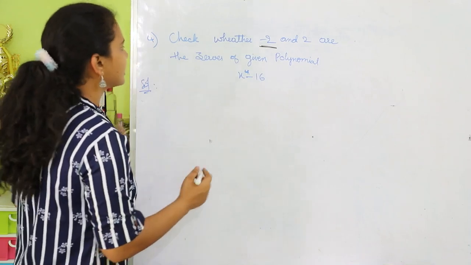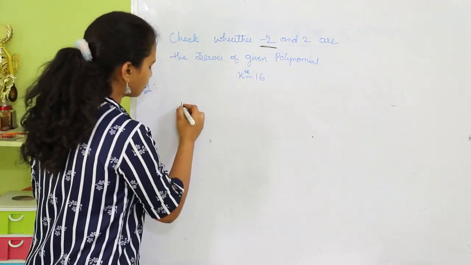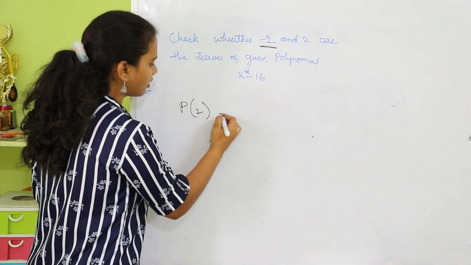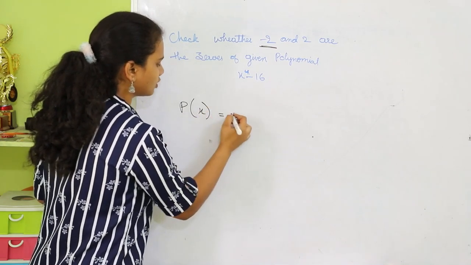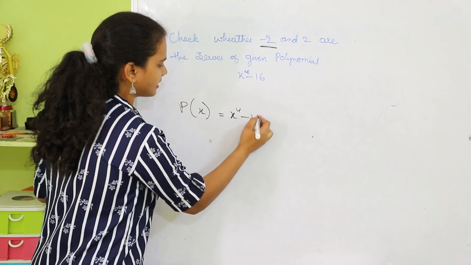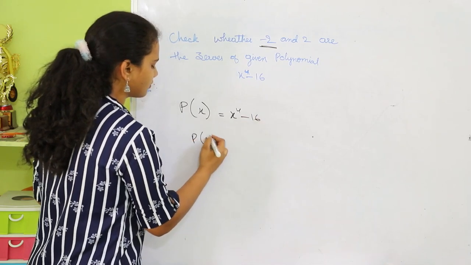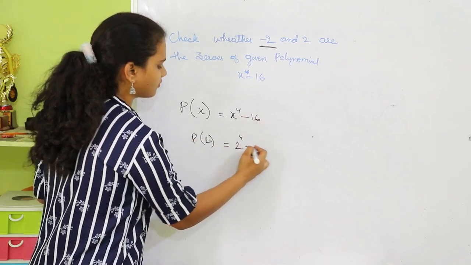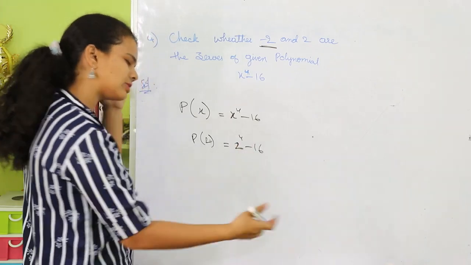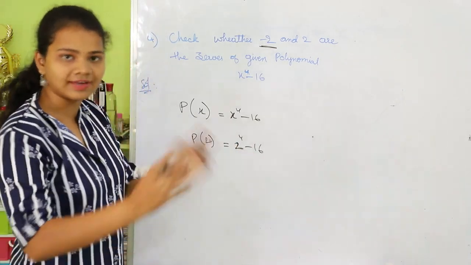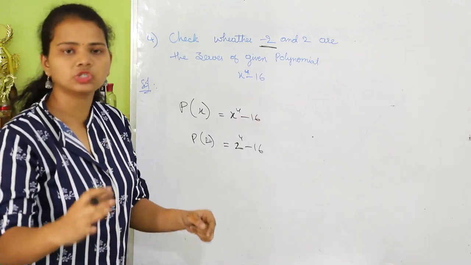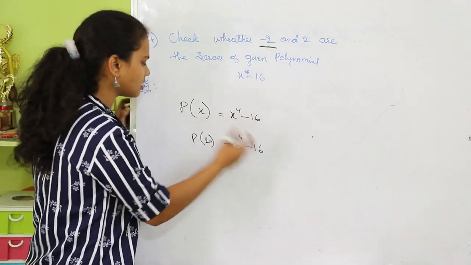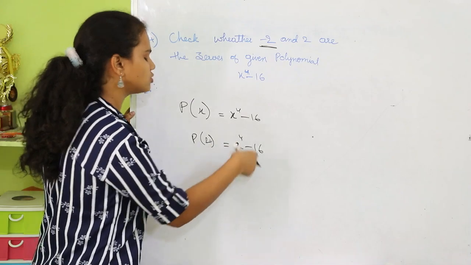Let's check whether 2 is a zero. p of x equals x power 4 minus 16, so p of 2 equals 2 power 4 minus 16. 2 2s are 4, 4 2s are 8, 8 2s are 16. All the numbers are positive, so plus 2 plus 2 plus 2.